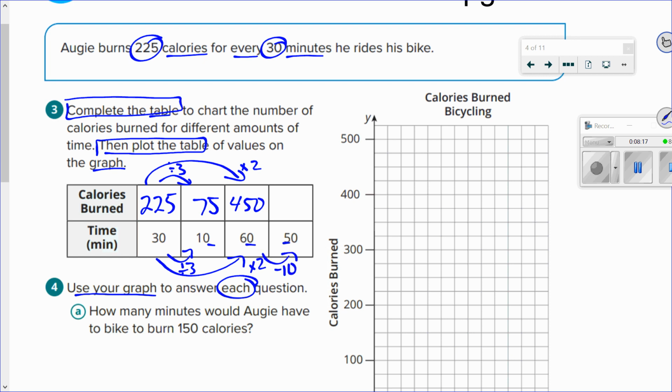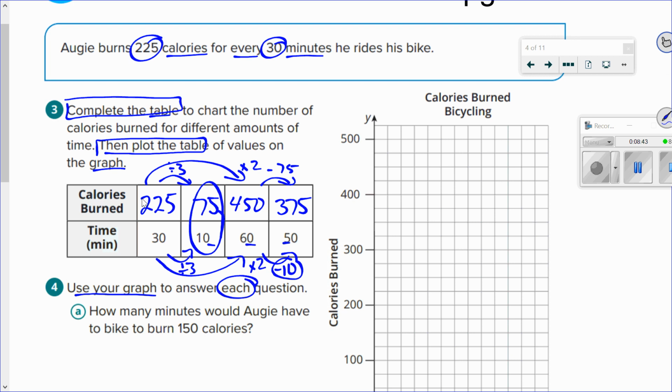But if I'm using the additive relationship, which subtraction is just the opposite of adding, then I can't use 10 on both sides. I have to use that value. So on the top, I'm actually going to subtract 75, or 1 interval's worth, meaning I'm going to get 375. Had you done the multiplicative way, you would have still gotten to the same answer.